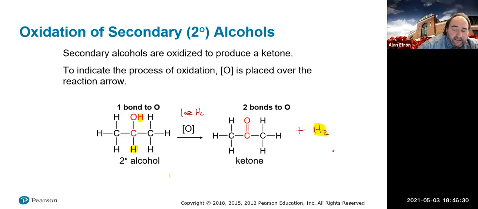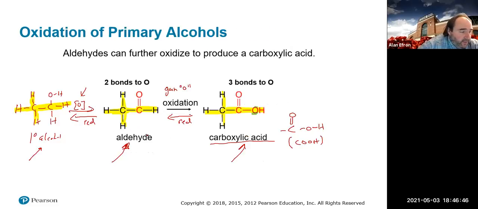It does not oxidize at this point. So this guy will not oxidize. It can't really oxidize because it has no hydrogen at that carbon. So it will not go through any more oxidation, unlike what we saw here with our aldehyde that will go through one more oxidation step. It's able to do that because technically it has the hydrogen that allows it to do it.